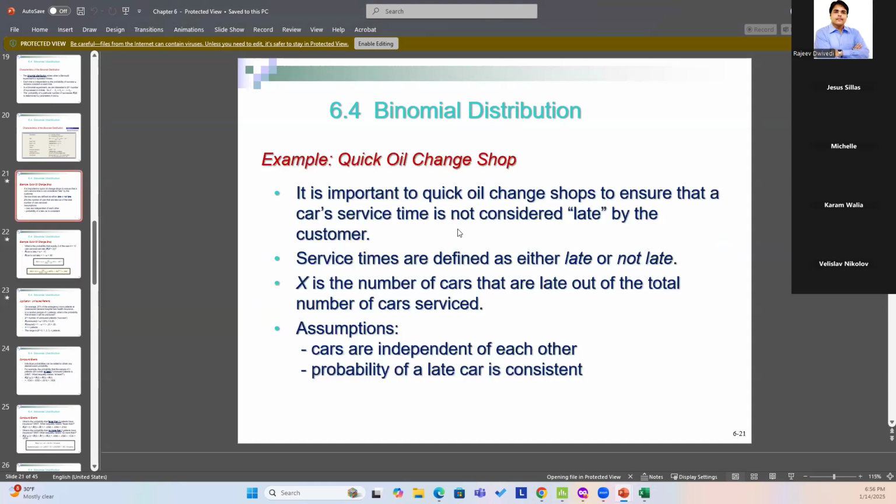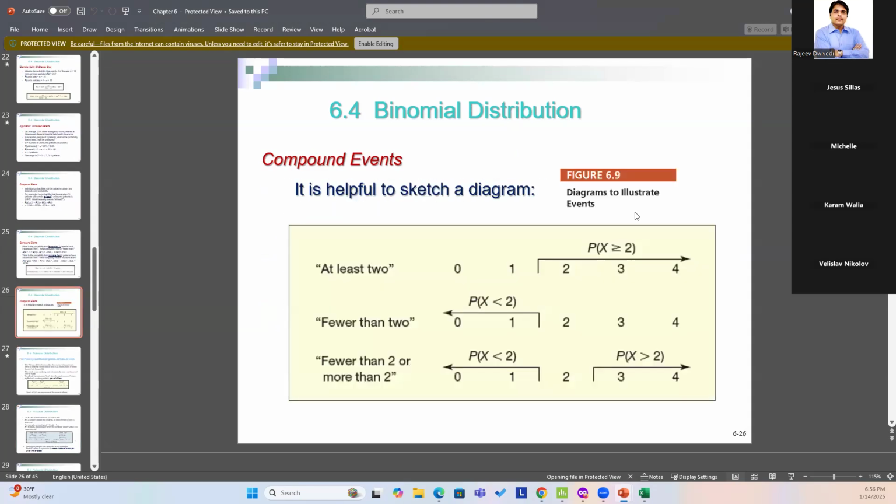In compound event probability, we have to understand this slide very well, because otherwise you can put in a wrong X value. This slide is very important to understand: what should be the x value. Here, don't get confused about the pi value or n value, only the x value. If I ask at least 2, it means 2, 3, 4. Fewer than 2 means 0 and 1.